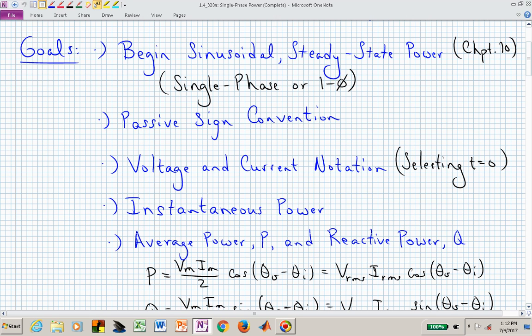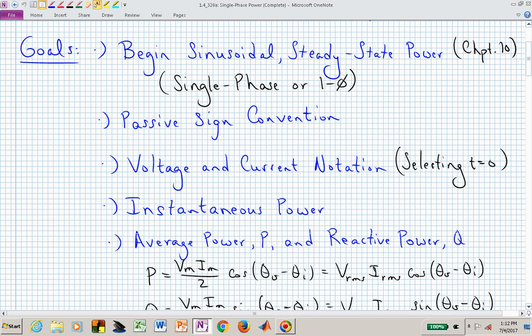We'll define the passive sign convention and what that means, or how we need to incorporate that when we're finding or calculating powers. We'll develop the notation for voltage and current that we will be using, and that really is selecting time t equals 0.